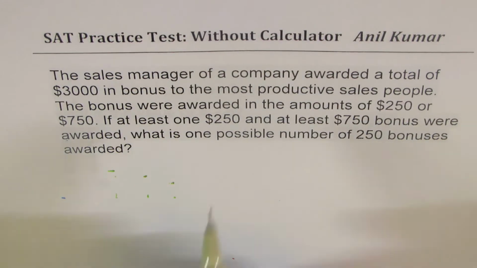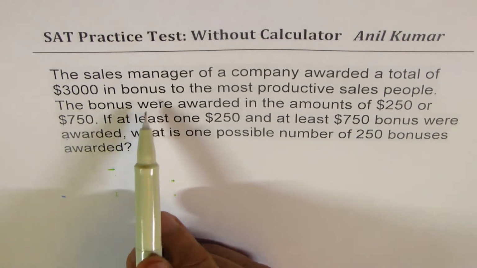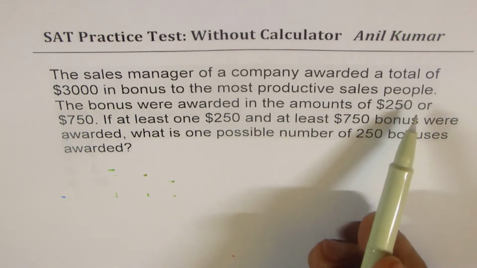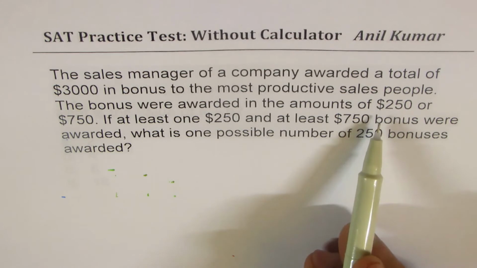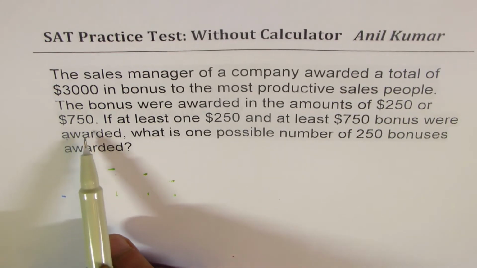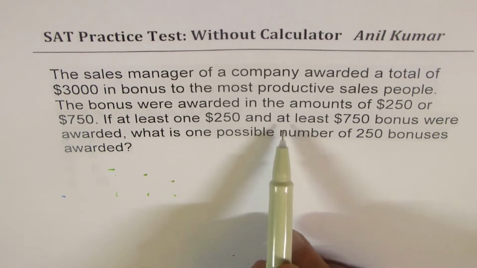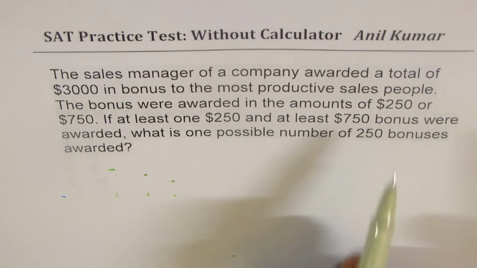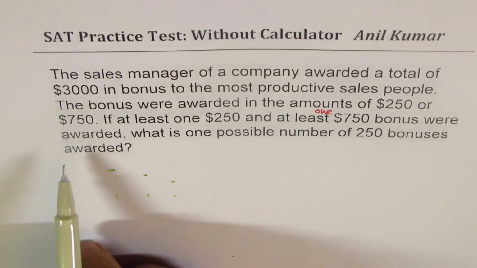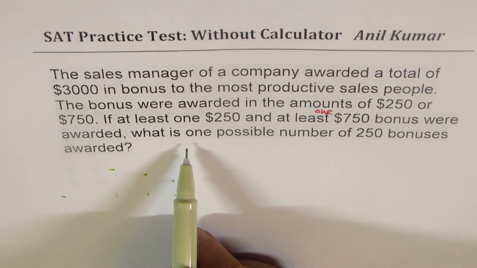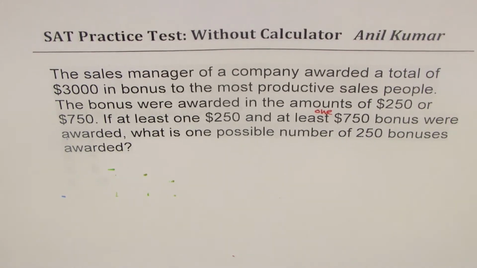Perfect. The sales manager of a company awarded a total of $3,000 in bonus to the most productive salespeople. The bonuses were awarded in the amounts of $250 or $750. If at least one $250 bonus and at least one $750 bonus were awarded, what is one possible number of 250 bonuses awarded, right?